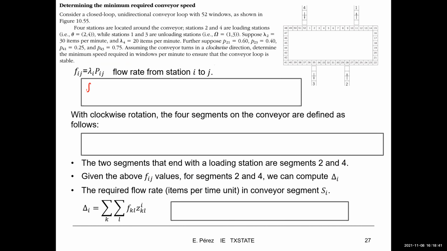So F21 will be equal to the rate from 2, which is 30 items, times the probability that you go to station 1, which is 0.6. So this is equal to 18.